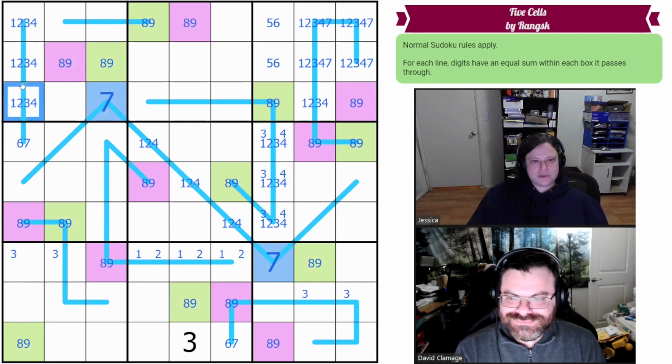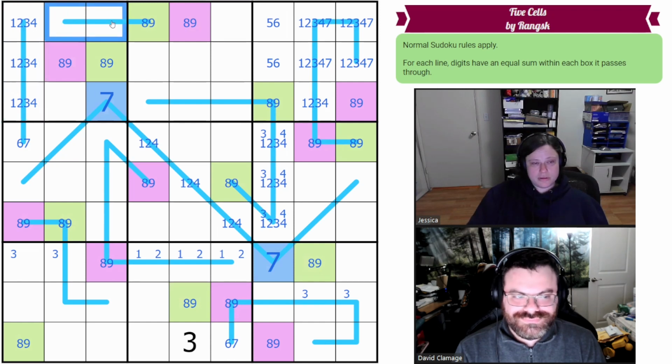Okay, so if this one is 1 2 3, then this has to be 4 5. And if this is 1 2 4, this has to be 3 5 or 3 6. But it has to have a 3 on it. No, it has to, it doesn't have to have anything on it. It's a 3 or a 5 or both.